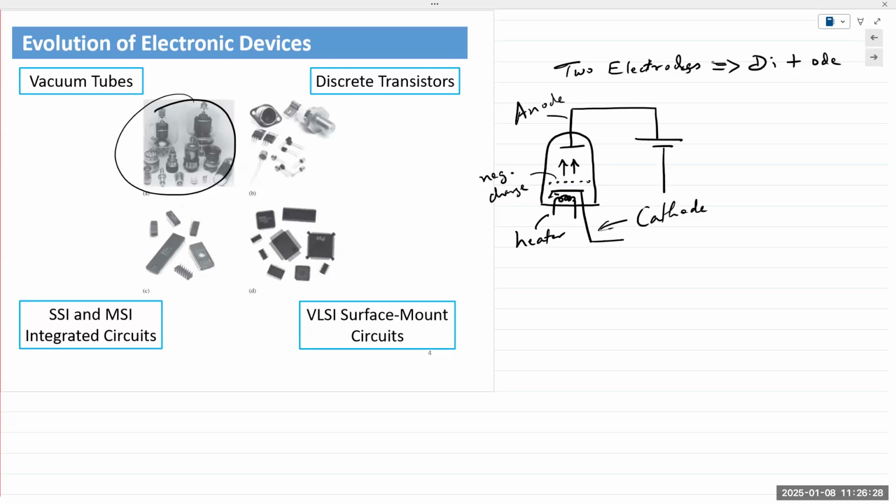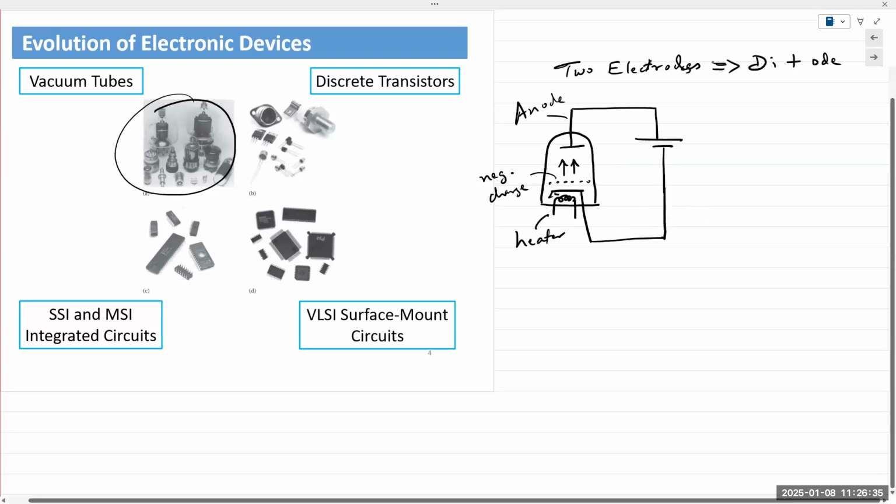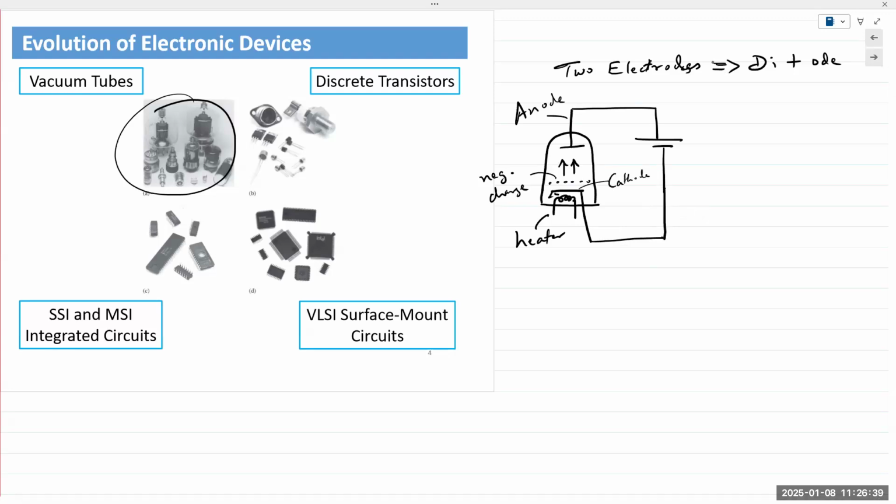And if you can complete the circuit, you now have movement of electrons.